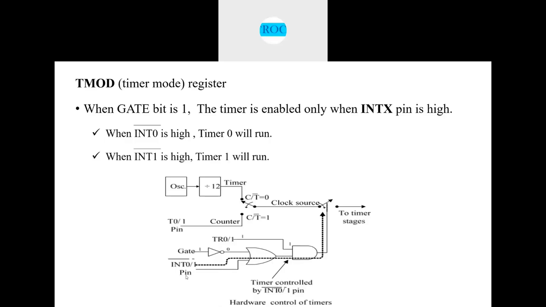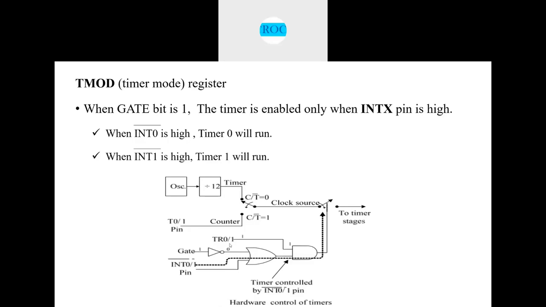When the external interrupt 0 or external interrupt 1 pin is set, the output of the OR gate will be 1. The output of the AND will be 1 only when the TRX bit is also set.